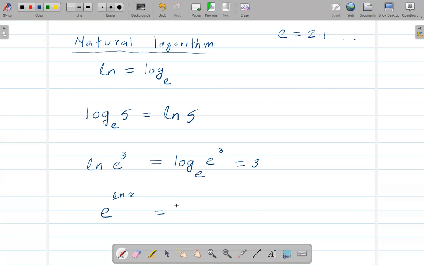The idea here is that the whole natural log of x is in the power. So again, there is a property that if the base and the base of the log are the same, then the value of the whole thing is x. This is also another property.